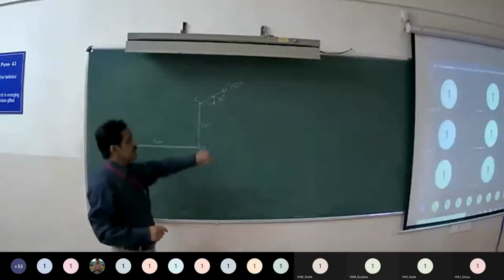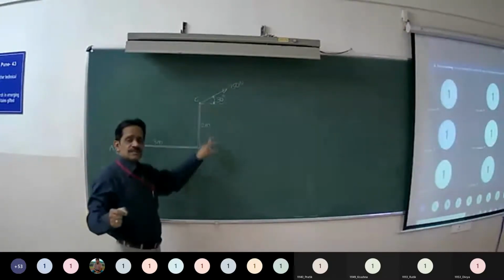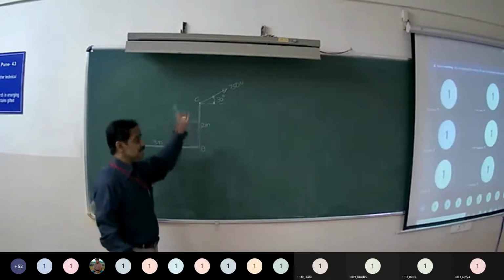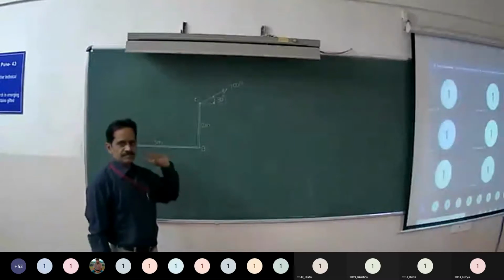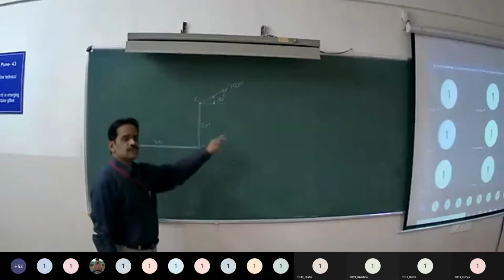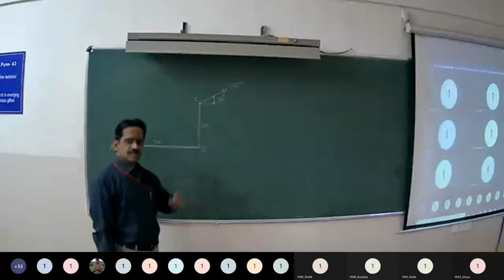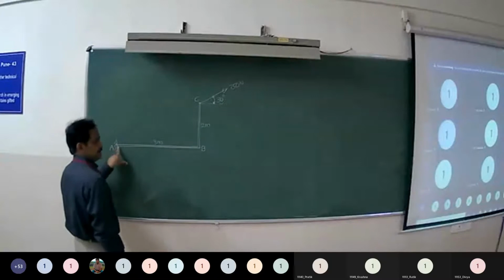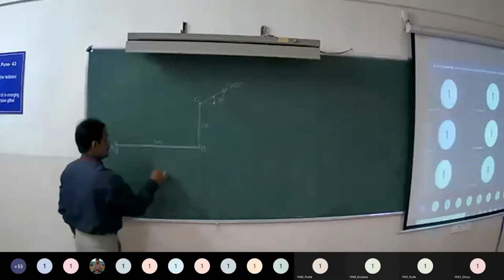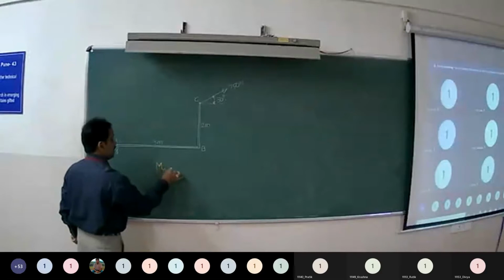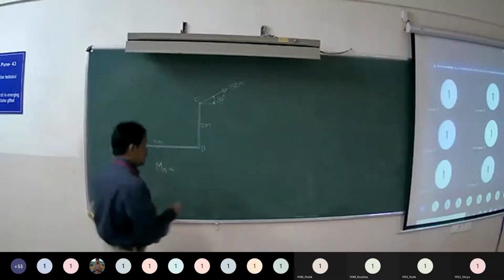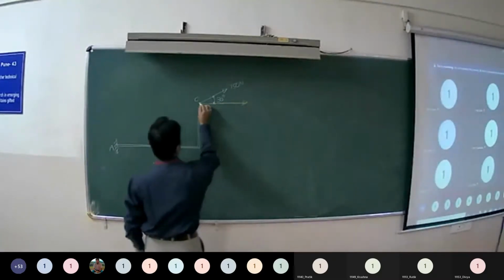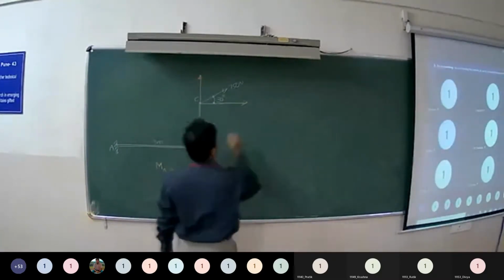Whenever it is asked to replace the force with equivalent force couple system at a particular point, simply you have to find out the moment of that force about that point. And at that point you show that force and moment. That is equivalent force couple system. Now our point of reference is A. So to find out the moment of force about point A, I am resolving this force into horizontal and vertical components.